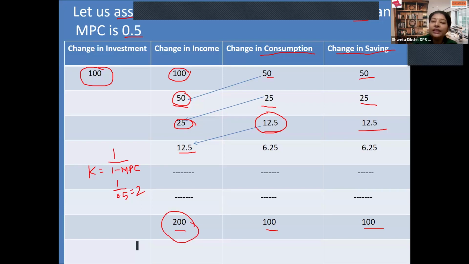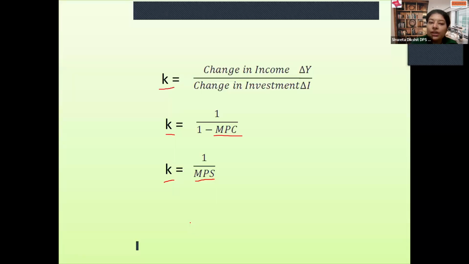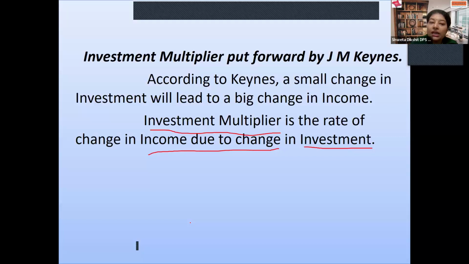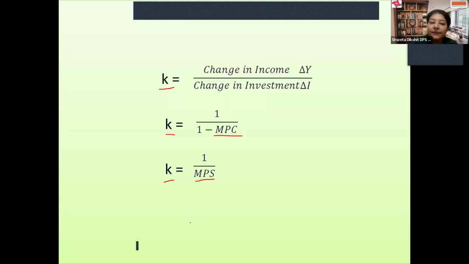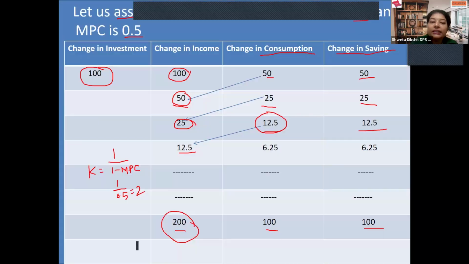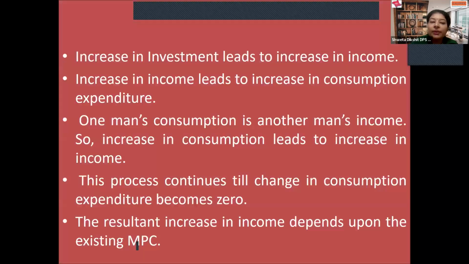The same can be done with MPC also, MPS also, and can be done with the help of delta Y upon delta I. So when you're writing the answer to this question, you need to remember the flow. Here you lose your marks. First of all, the opening statement, then these formulas, then this table, and then the explanation of this table. I have already discussed all these points from this PPT with you.